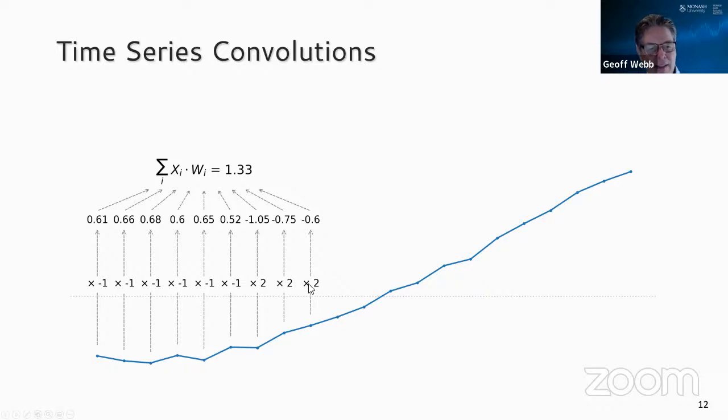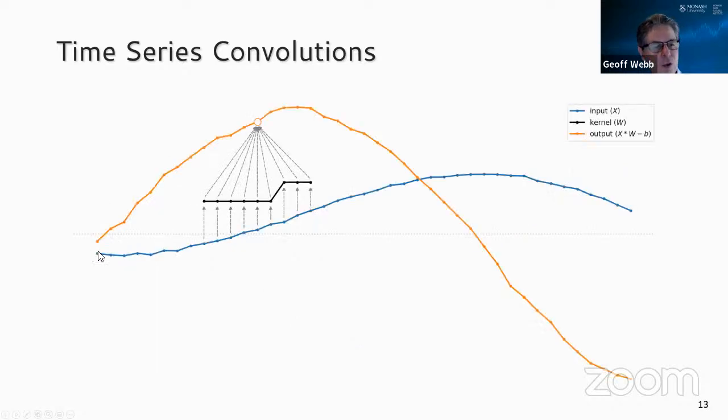To apply this, we simply multiply successive points in the series by the successive values of the convolution, so we convolve it. This results in this sequence of numbers. We take its sum, so the output of applying this filter at this location is the value 1.33. We can then run it along the series, and that results in a new series, which is the convolutional output.